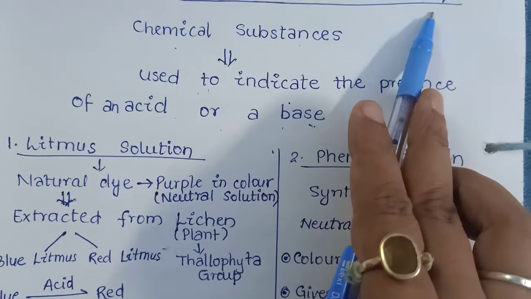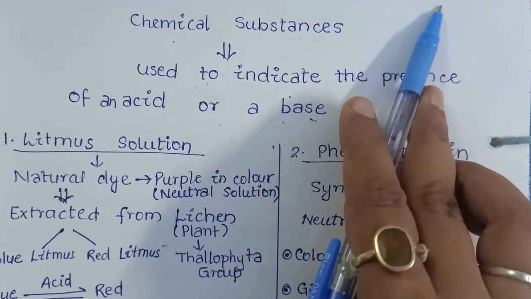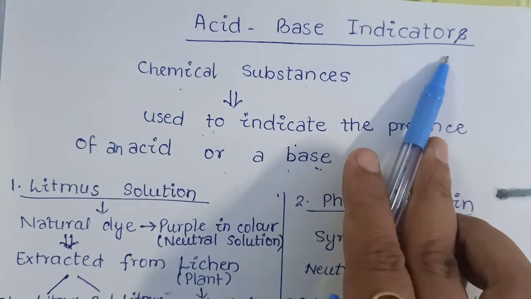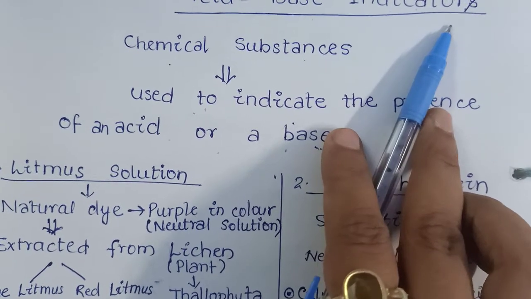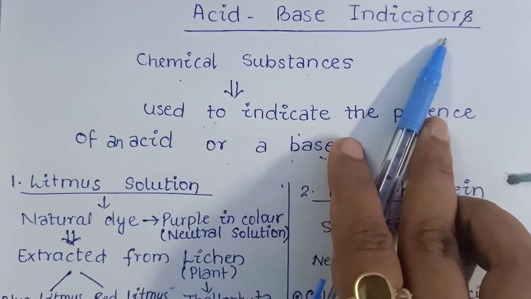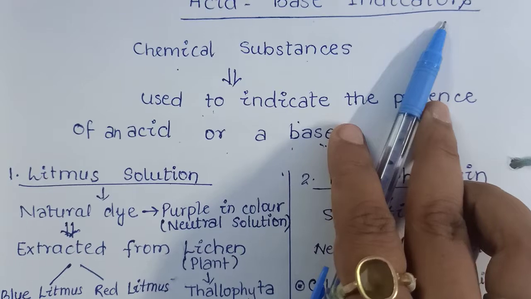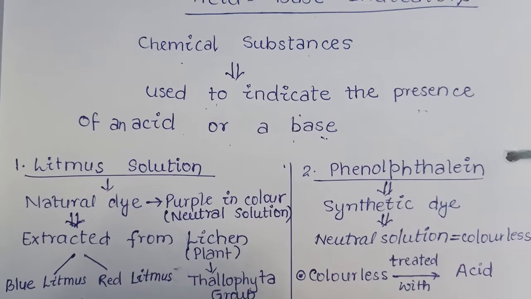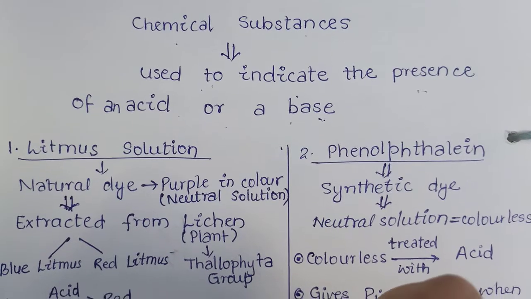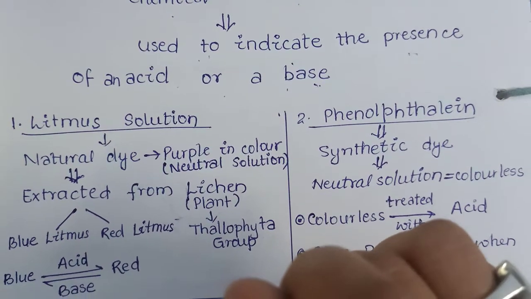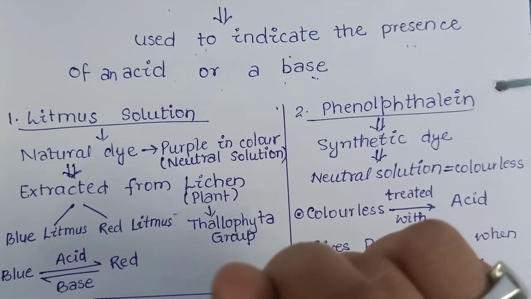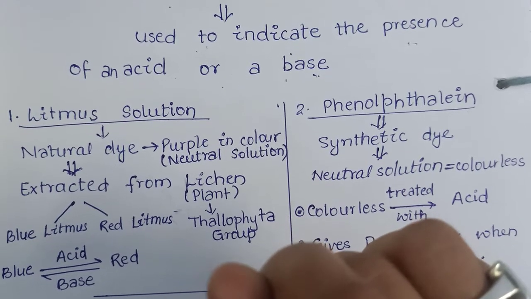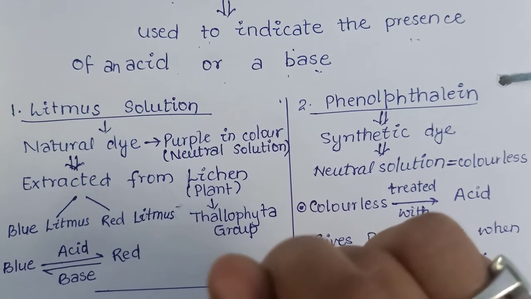Acid-base indicators are of two types. The first one is natural indicators and the other is synthetic indicators. Natural indicators are those indicators which are present in nature.